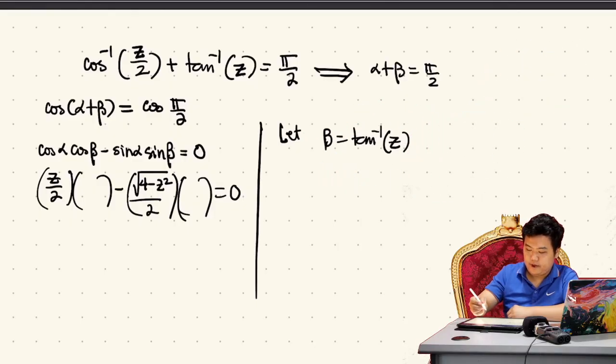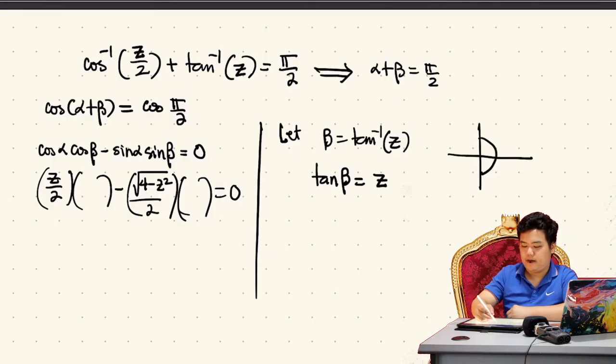Okay. So, from here, tangent beta is equal to z, where beta is nasa quadrant 1 or 4, negative pi over 2 to pi over 2. So, kailangan natin ng cosine and sine beta.